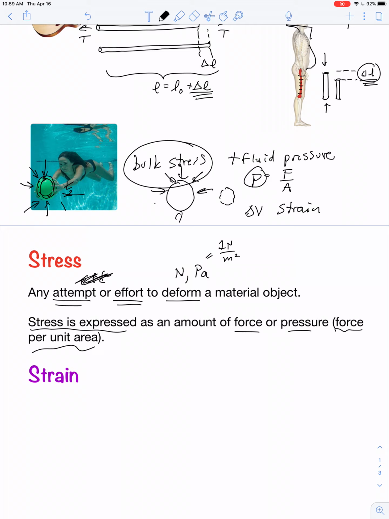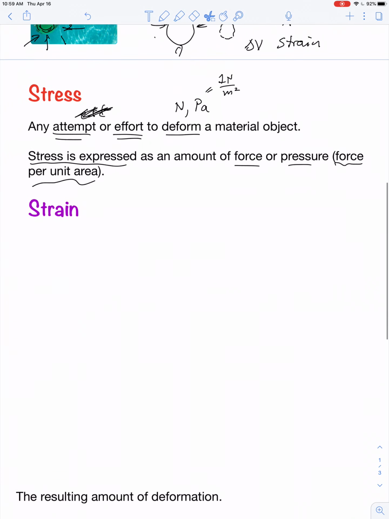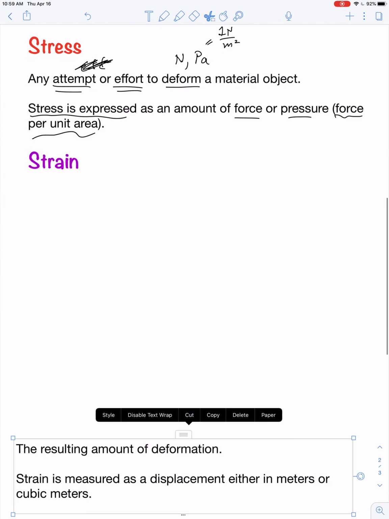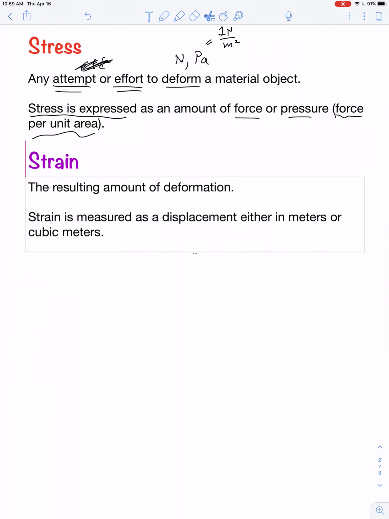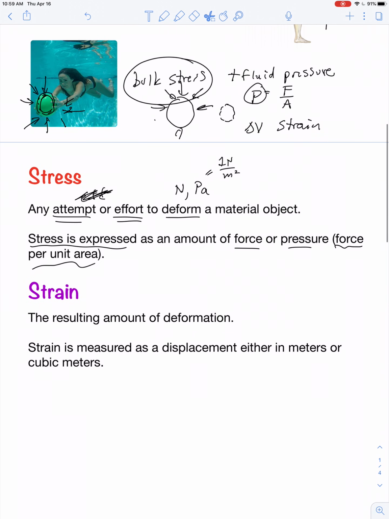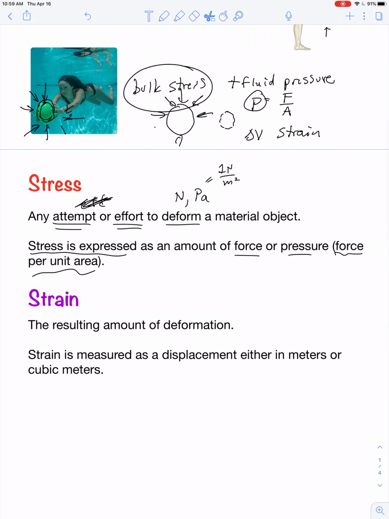And that's it. Now, strain, on the other hand, is not the attempt to deform. It's not the amount of force or the amount of pressure. The strain is the outcome. The strain is the resulting amount of deformation. So strain is really either a displacement or a change in volume.